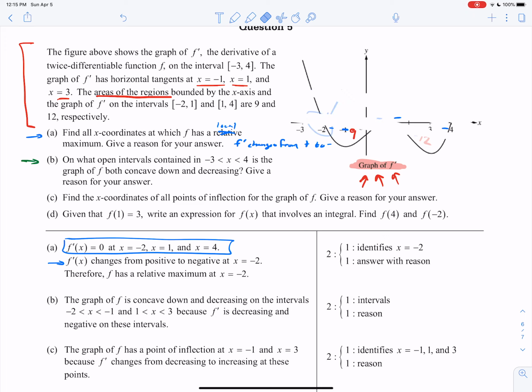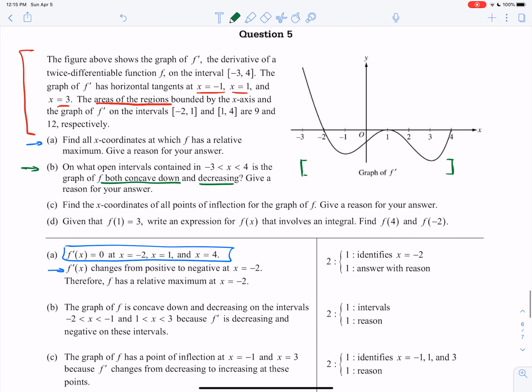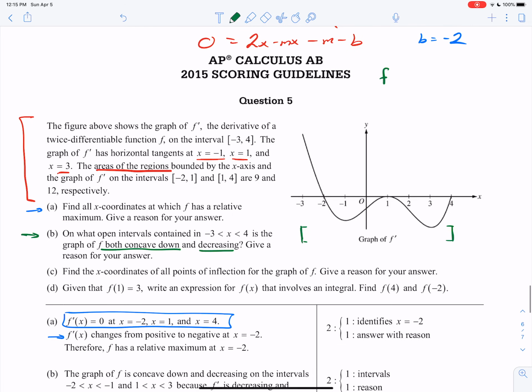Just like the previous year's FRQ, we'll break it down like this. We want to find out from -3 all the way to 4, so pretty much the whole graph, where f is concave down and decreasing. So let's go ahead and write that down. We want to know where f is concave down, and we want to know where f is decreasing.